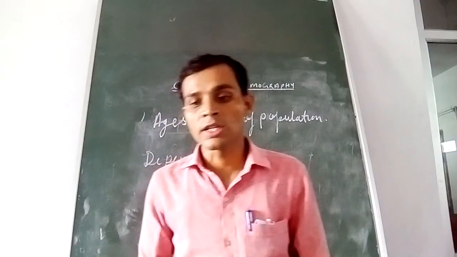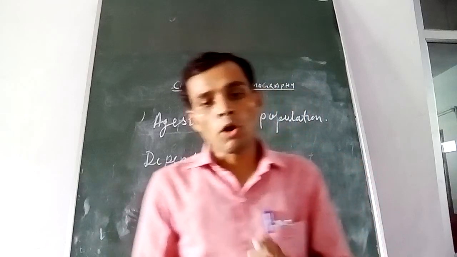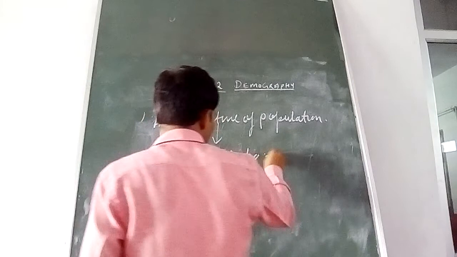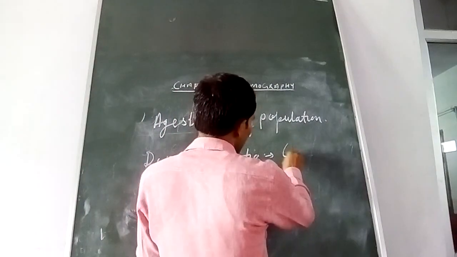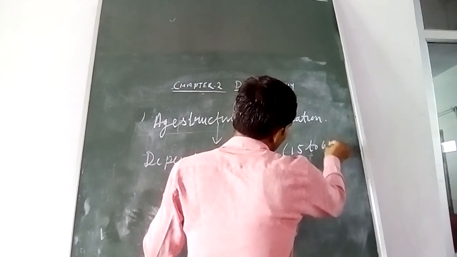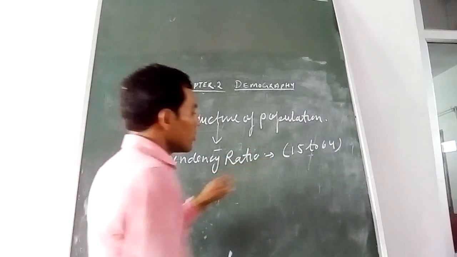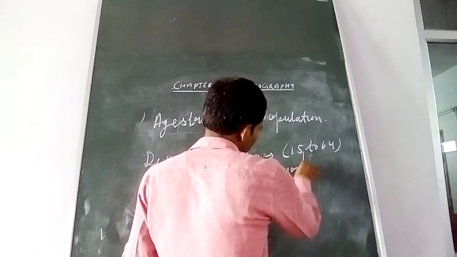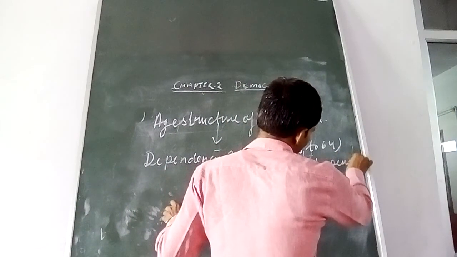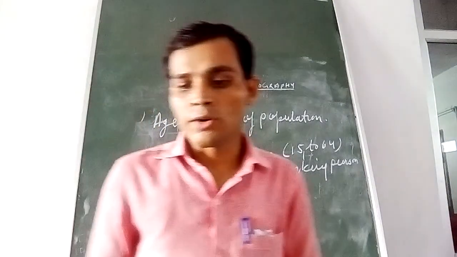It refers to the comparison of the number of dependent persons with the number of people belonging to the working age group, 15 to 64. This is the age group of the working person. It is also calculated per 1000.